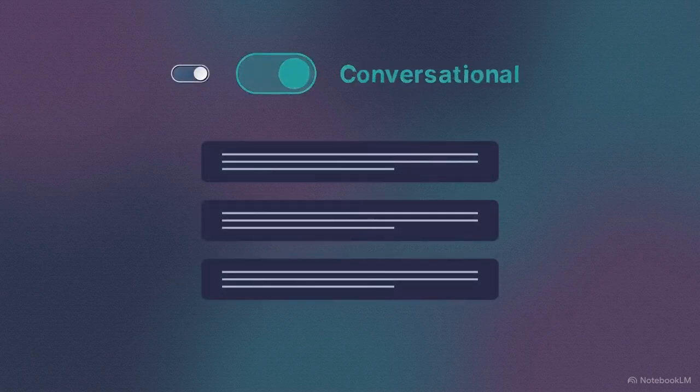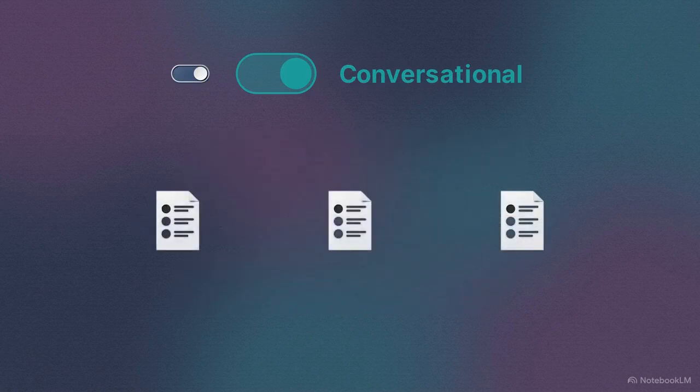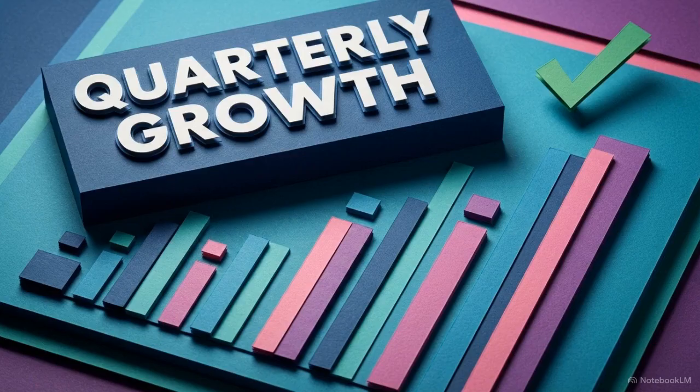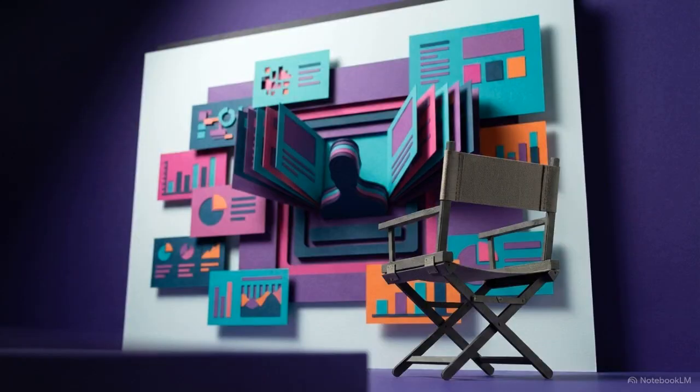Switching from academic to conversational automatically rewrites the messaging structure to match. Every time you adjust these parameters, the slide canvas updates in real time. You instantly see exactly how your choices affect the final layout before moving forward. AI generation does not mean surrendering control. You remain the director, fine-tuning the pacing and the visual style until the deck matches your requirements.